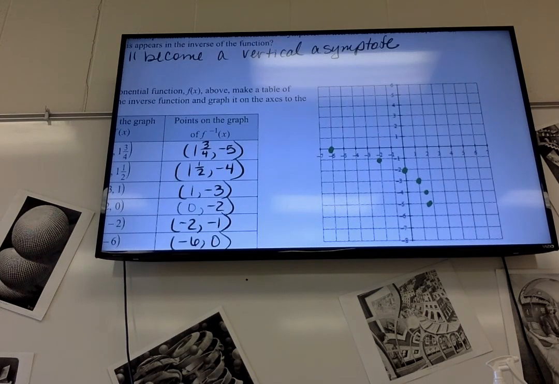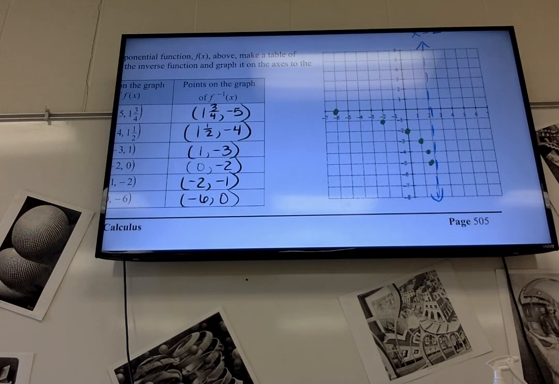So the vertical asymptote is going to be at x equals 2. That's f inverse of x.